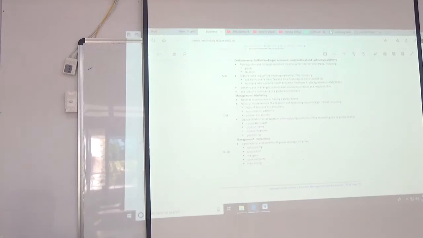If you look at your syllabus, it says factors that determine the feasibility. That's the same kind of market research that you would have done in your marketing plan: the overall market for the product, consumers, and competitors.